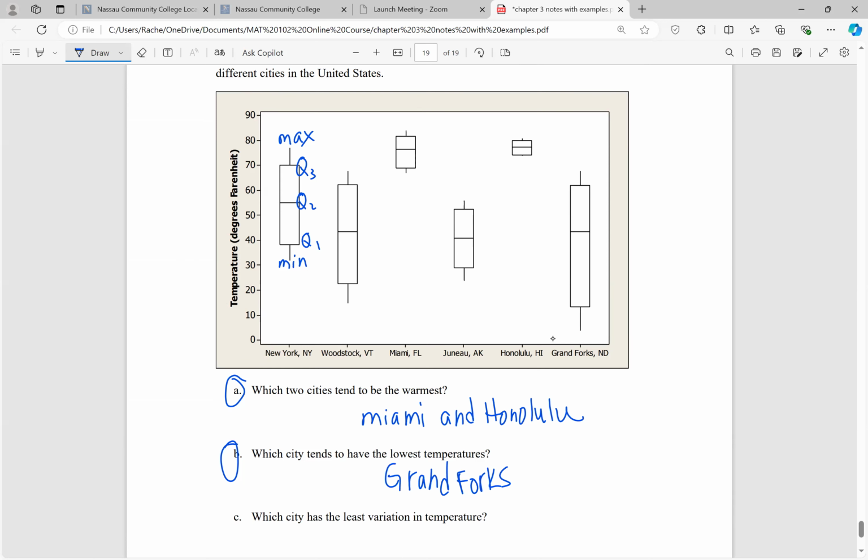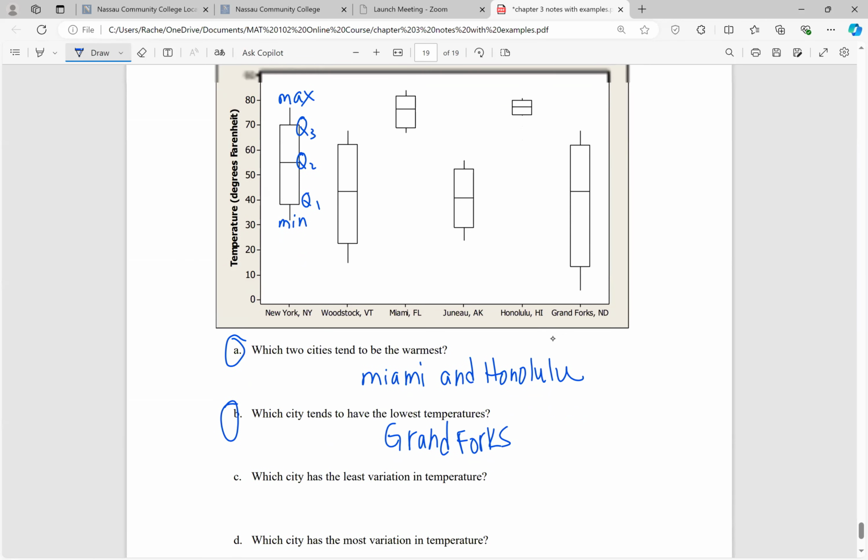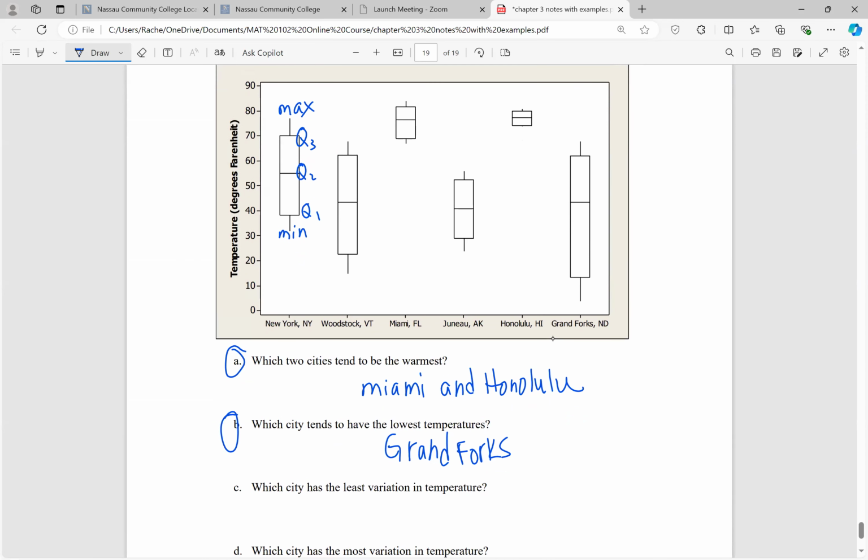The next question says, which city has the least variation in temperature? Now, I talked about this earlier in the lesson. We said that the box that has the shortest distance, the box that's more narrow, is going to have the least variation, and the box that's wider or longer is going to have more variation.